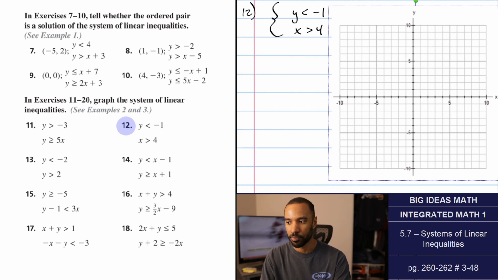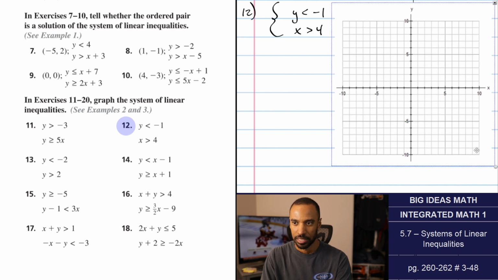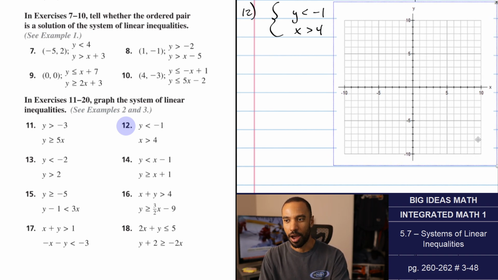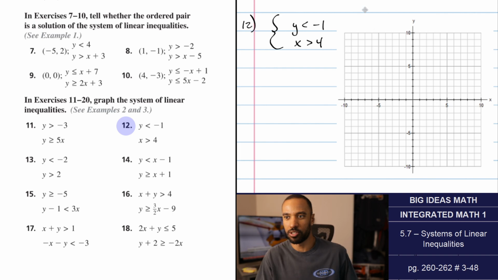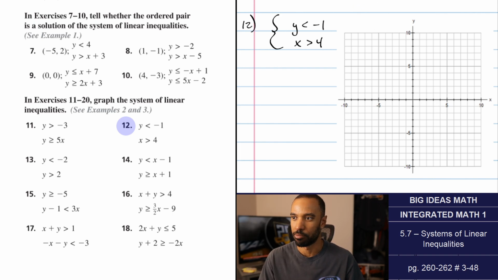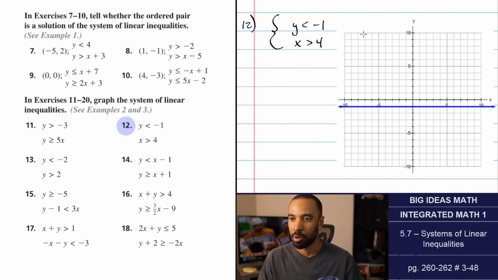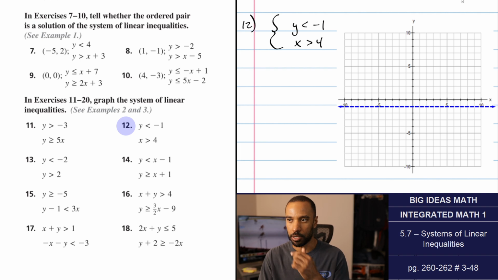Students tend to coin these ones as harder problems because there's less to work with. The first one's kind of in slope-intercept form: y equals 0x minus 1 as a boundary line, but less than means dashed, and less than means shading underneath.